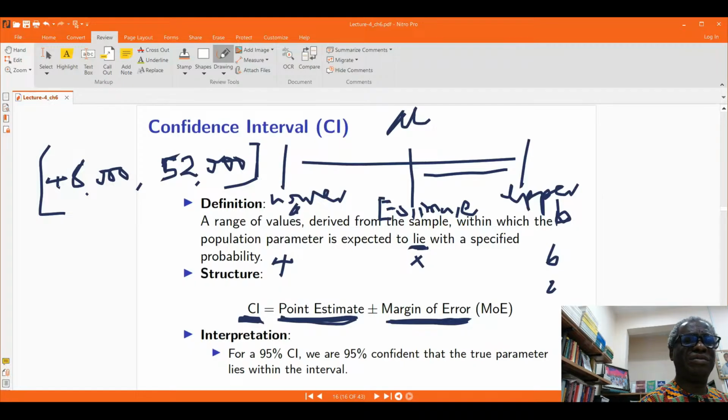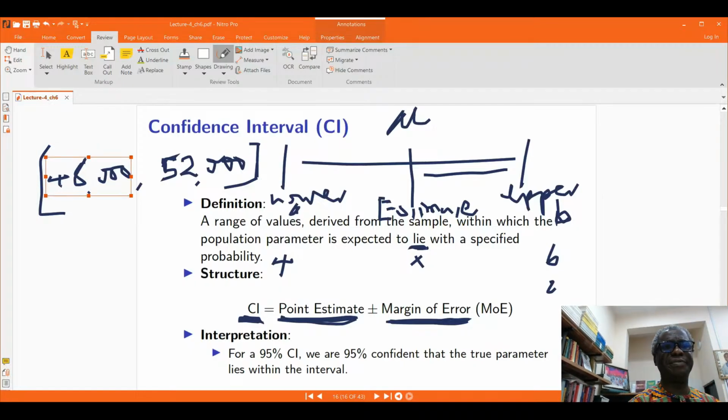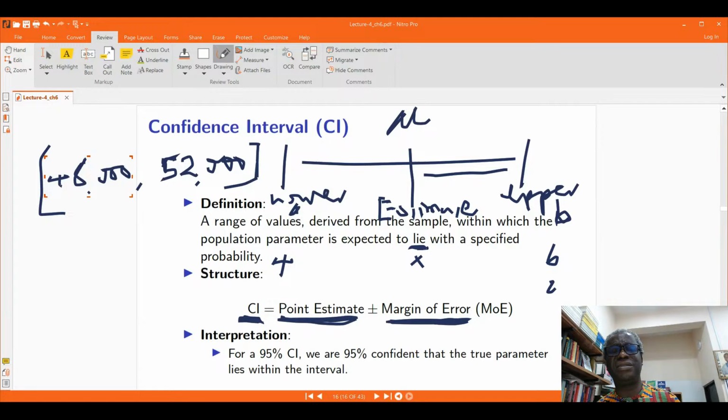Which then means that we are saying that the unknown population mean, the mean of the income of the population, lies between 48,000 and 52,000.